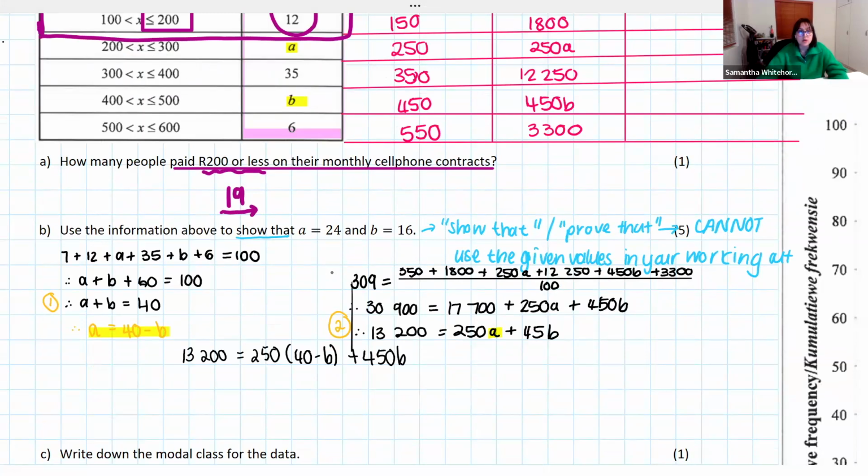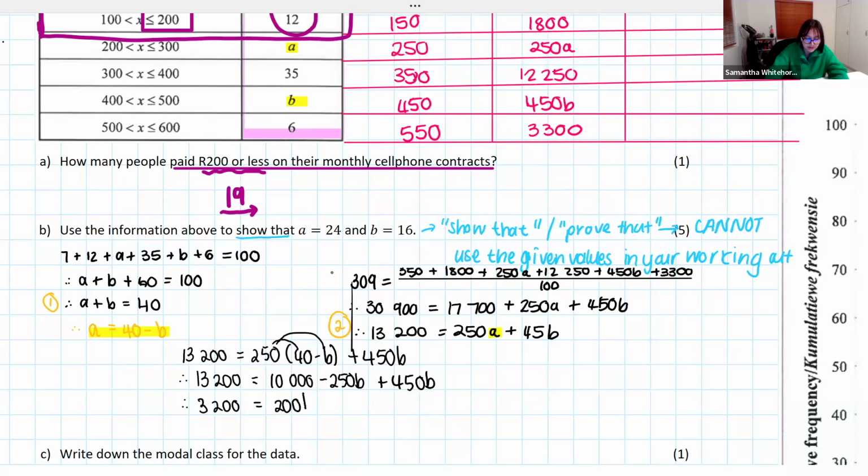Now you've got an equation in terms of B and you can solve for B. Distribute that 250 into your bracket, so you get 13,200 is equal to 10,000 minus 250B, and this is then nice and easy to solve. Bring the 10,000 over, you get 3,200. Negative 250 plus 450 is 200B. Divide both sides by 200, you get that B is equal to 16.